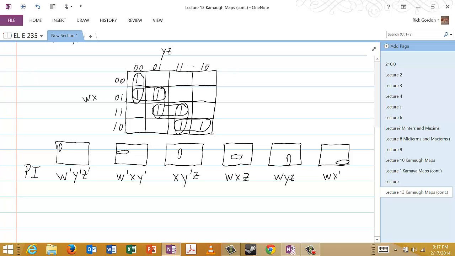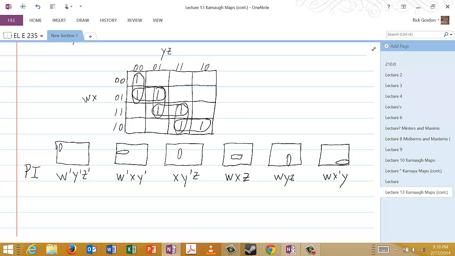And Z is changing, equal to 1 in this cell and 0 in this cell. So Z does not appear in the name. Y is constant equal to 1, so we have a Y. And therefore, the name of that prime implicant is W X prime Y. And that finishes up all of the prime implicants of size 2.